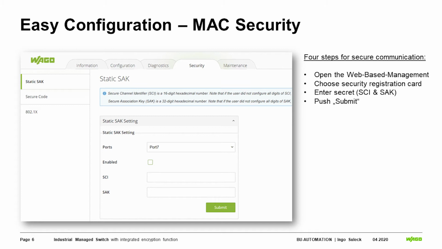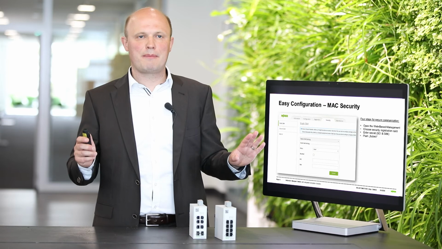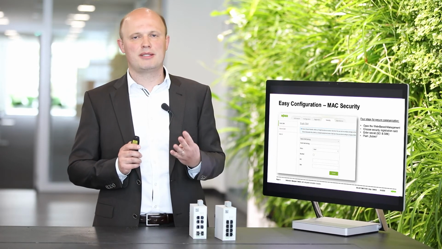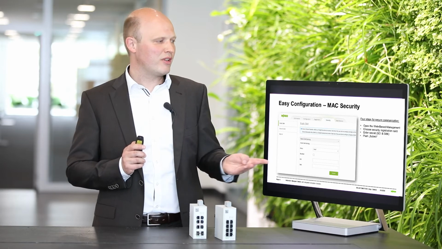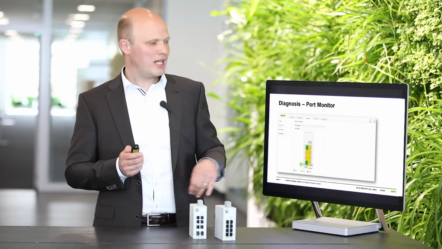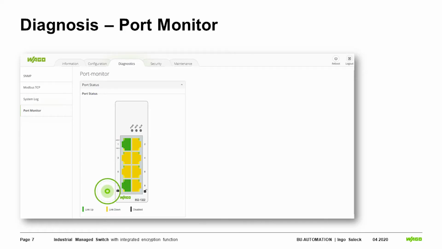That is a number that you must enter, and then you submit. Then you are ready. You don't need to do more. You only must do these 4 steps for every switch in the topology. After that you see that this port, in this example port 7, is encrypted.